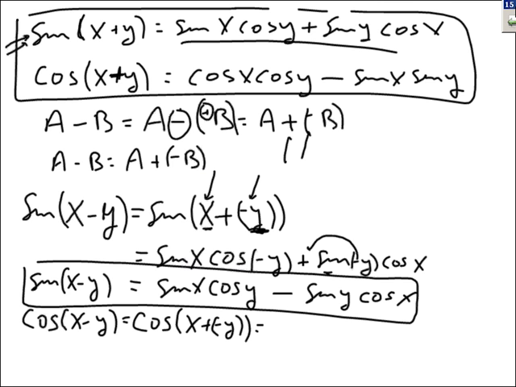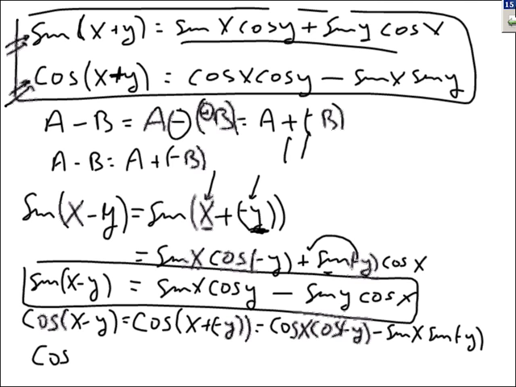Because you only remembered these two rules. And in cosine, you get the cosine of the first angle times the cosine of the second angle minus the sine of the first angle times the sine of the second angle. So, cosine of x minus y is equal to this.